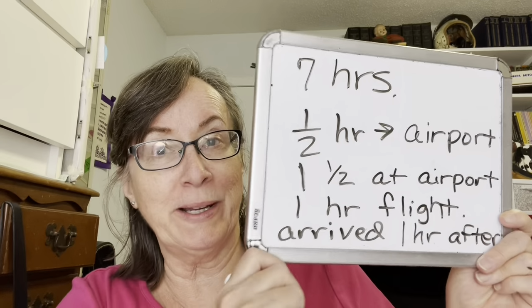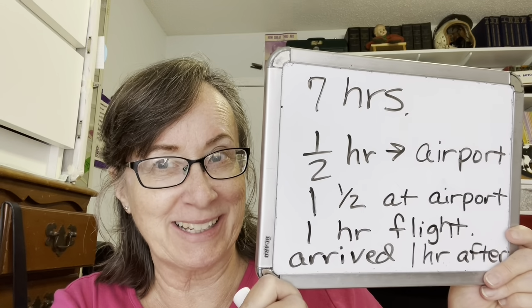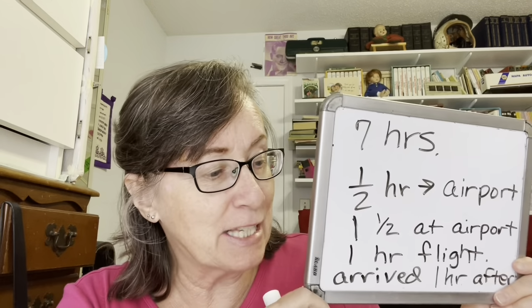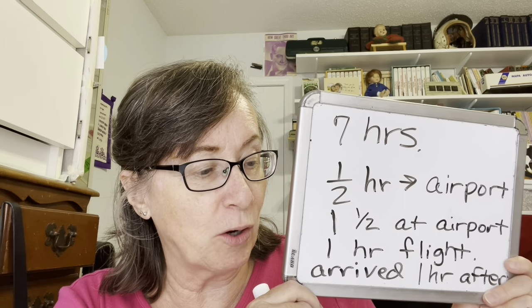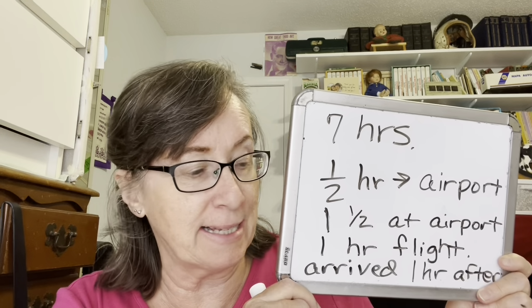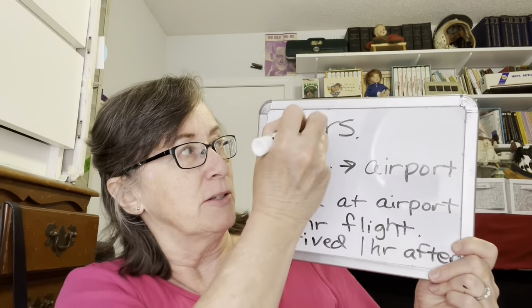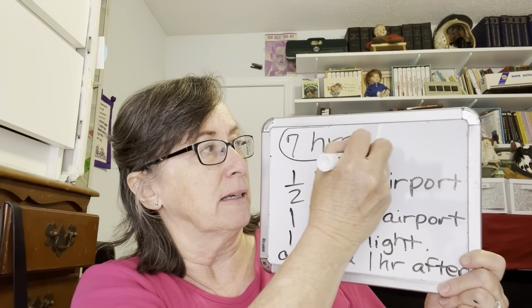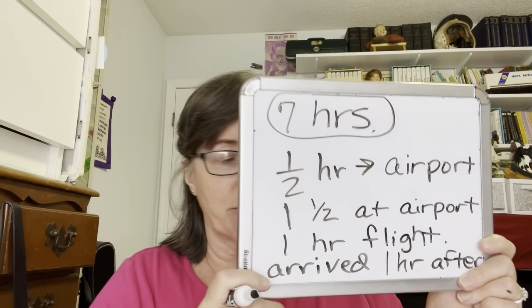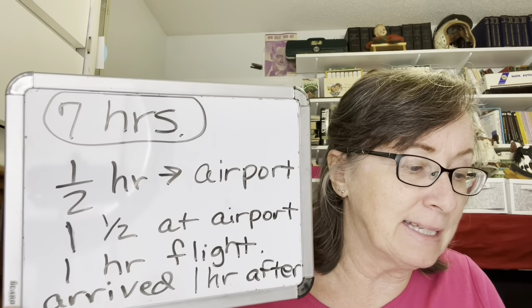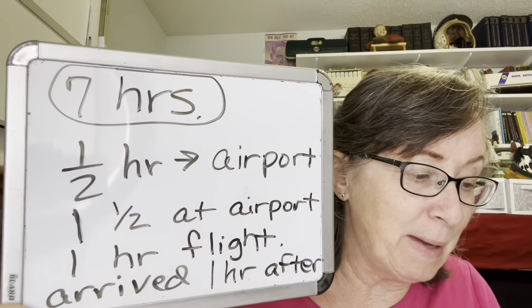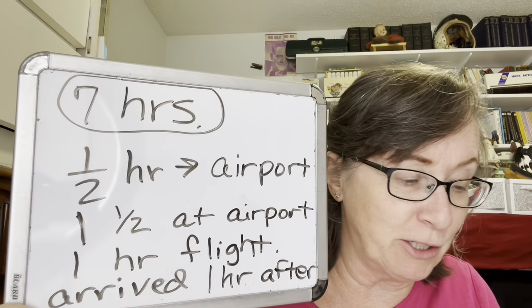For our written exercises, the first one is kind of fun. It says, Bob drove from his home near Los Angeles to his destination in Sacramento in 7 hours. So that was his driving trip. Then it says, the next time he made his trip, he flew.